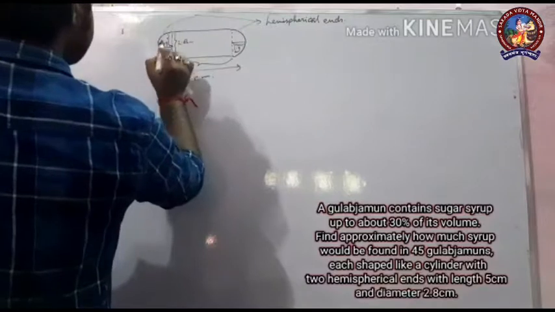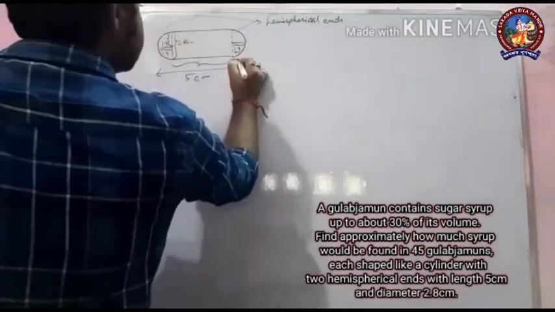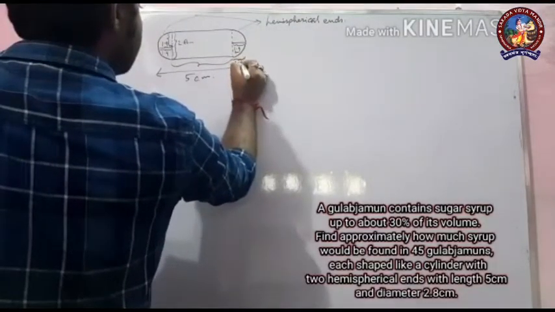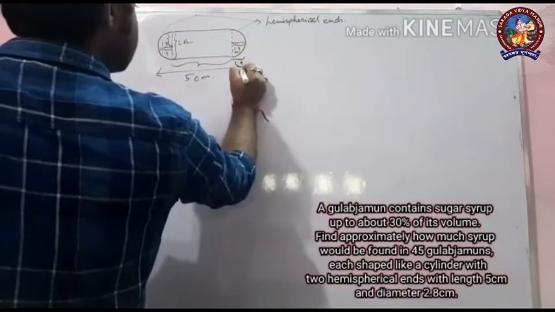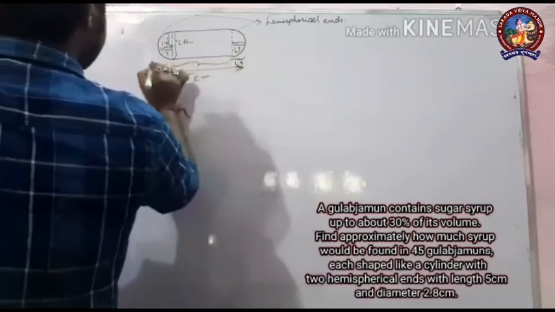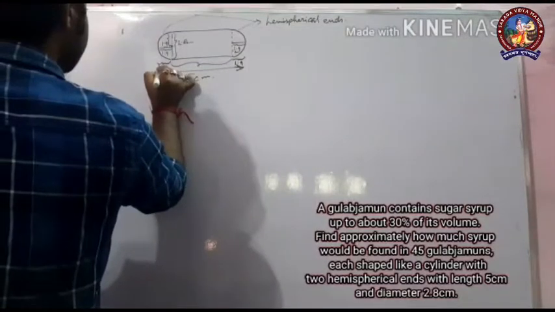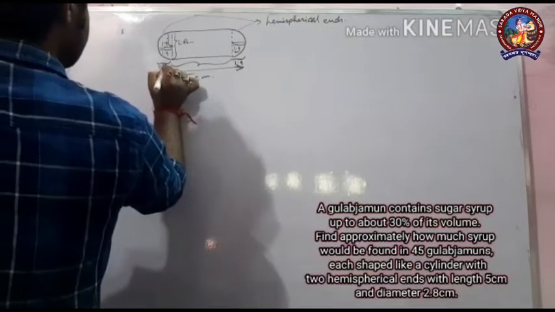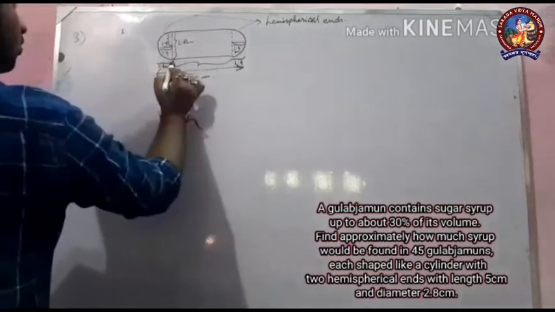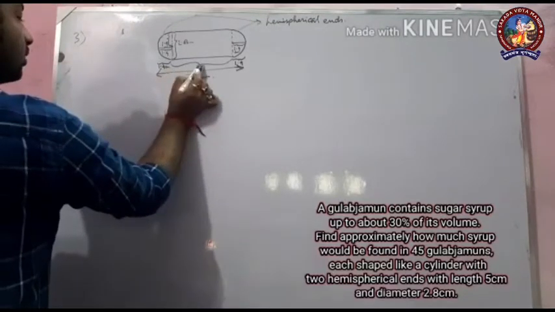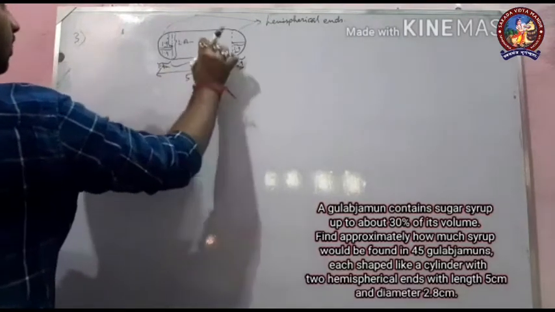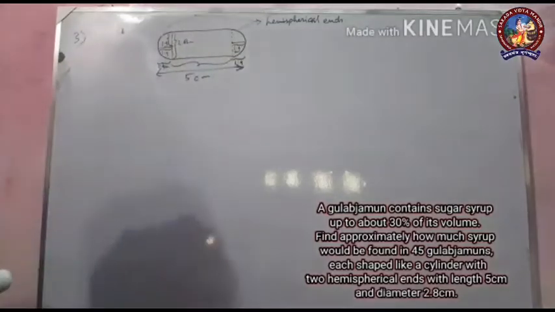This length is 1.4 and this is also 1.4. So what will be the length of the cylindrical part?